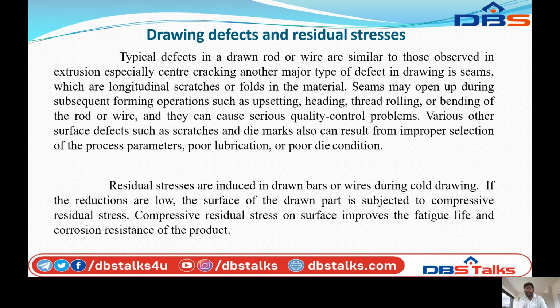Next, coming to the defects. What are the drawing defects and residual stresses? Typically, defects in drawing rods or wires are similar to those observed in extrusion, especially center cracking. Another major type of defect in drawing is seams, which are longitudinal scratches or folds in the material.